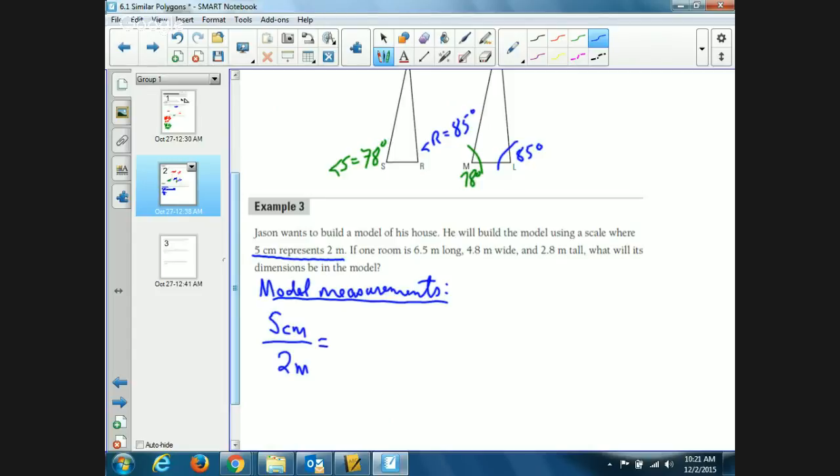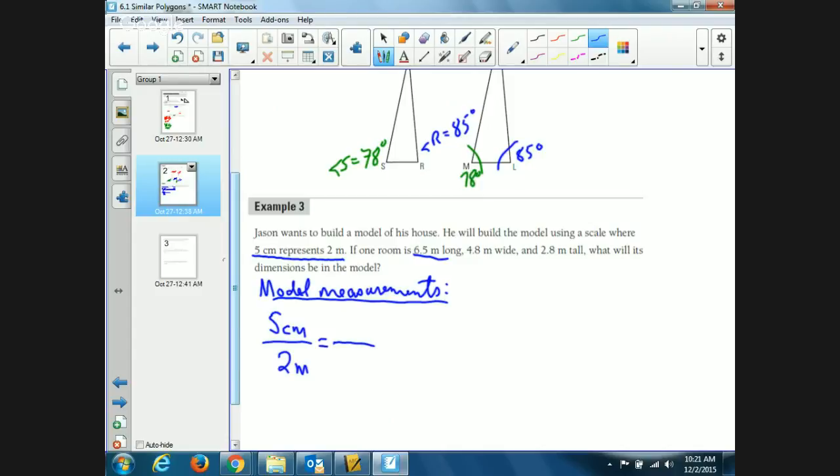Well, let's do the length. I'm going to call L for 6.5 meters long. Now, where's the 6.5 meters from the rule? Top or bottom, Brooklyn?